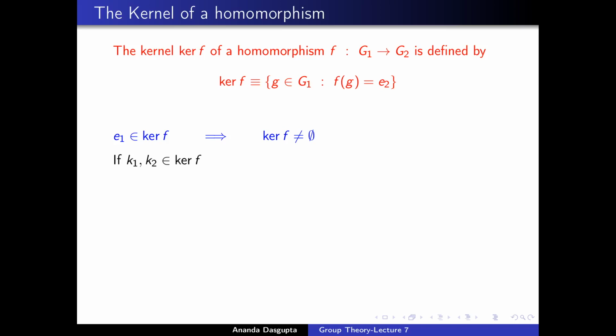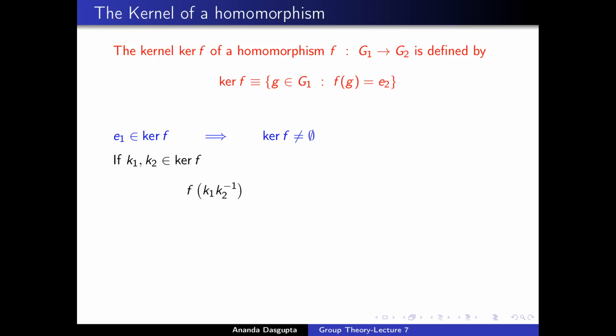The obvious way to do that is to find out what happens to K1 K2 inverse under the map f. Remember, the map f is a homomorphism, that is, it obeys or respects group multiplication law.